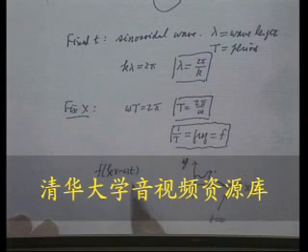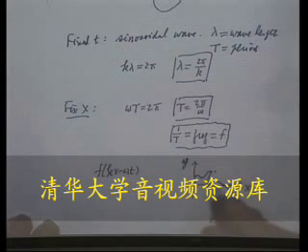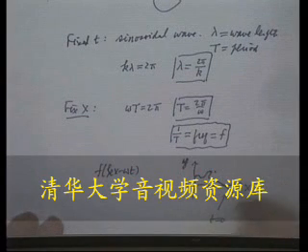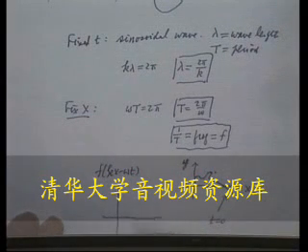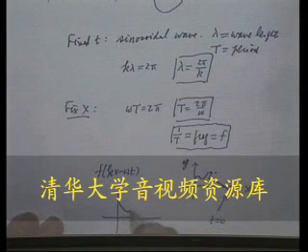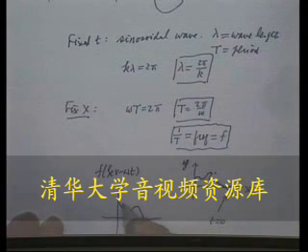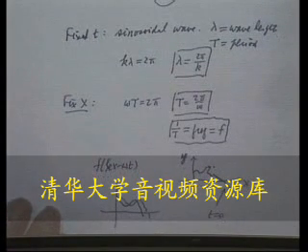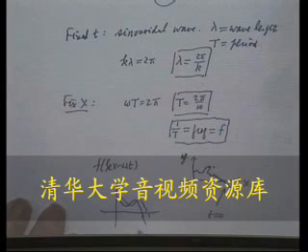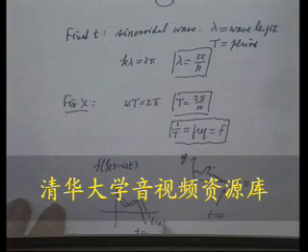So when t increases, the whole curve is moved to the right. This is at t equals 0, this is at t equals delta t.